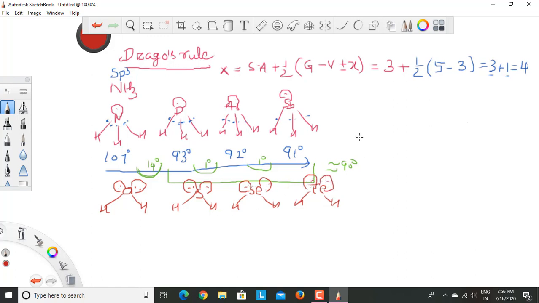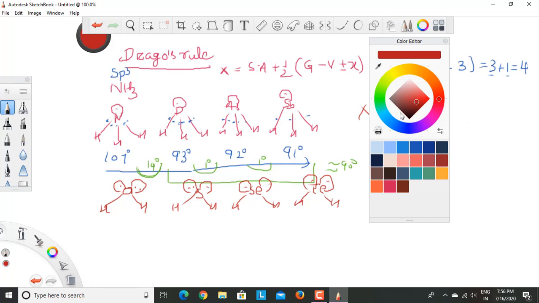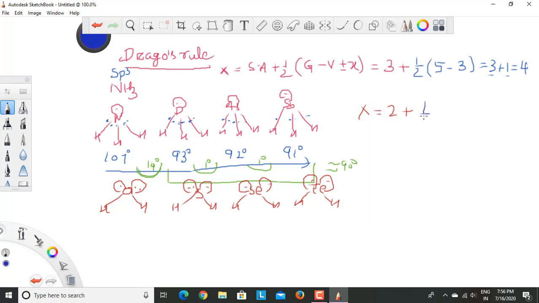And let us find the steric number. What is the hybridization? Steric number is equal to surrounding atom. Surrounding atoms of H2O is 2, plus half into ground state valence electron. Ground state valence electron of oxygen atom is 6 because it belongs to 6A.